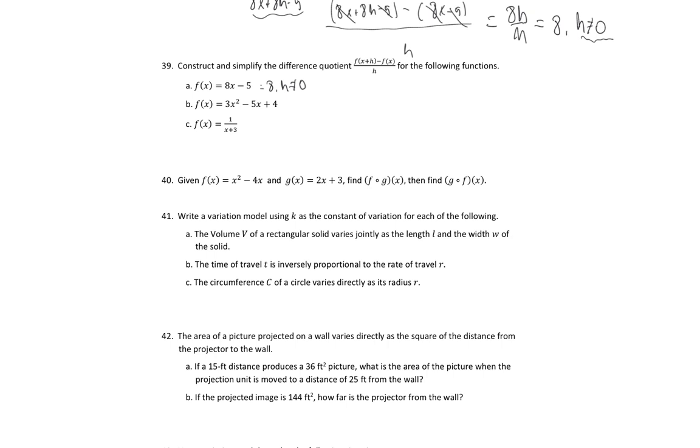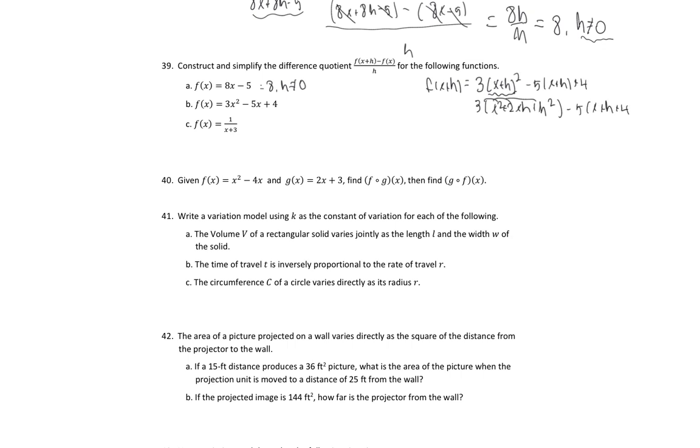Okay, for this next one, I'll go ahead and work on the right side, or f of x plus h here. Well, everywhere I see an x, I'll replace it with an x plus h. I'll go and square this out. It's going to be 3x squared plus 2xh plus h squared minus 5 plus h plus 4.